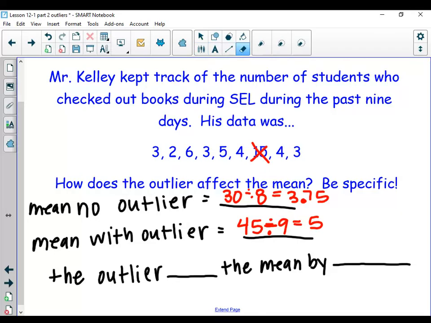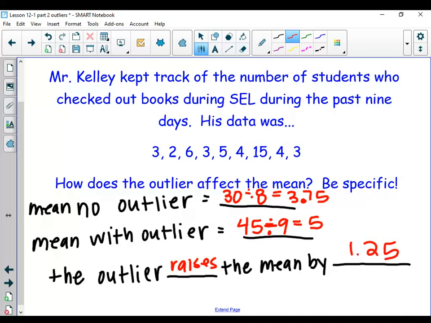Then one huge group comes in, and that is an average of 5 books per day. Did we go up or down? We raise. The outlier raises the mean by 1.25. Are we getting the hang of it? Yep.